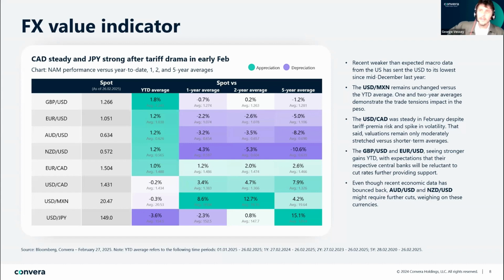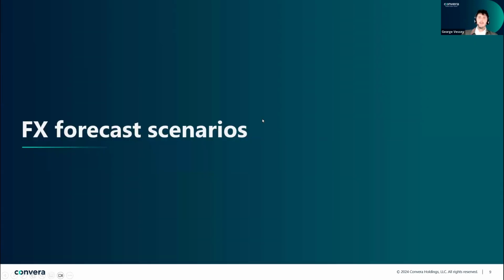It's inherently inaccurate at the best of times, trying to predict exactly where exchange rates are going to go. So we do lean towards a certain direction, of course, but we also advocate being well informed about different scenarios and why they might unfold and how high or how low exchange rates might go based on certain assumptions coming to fruition.